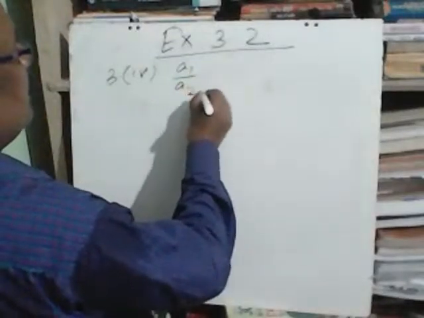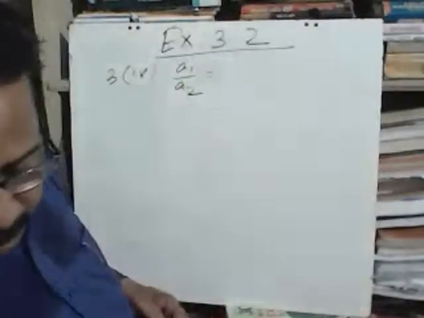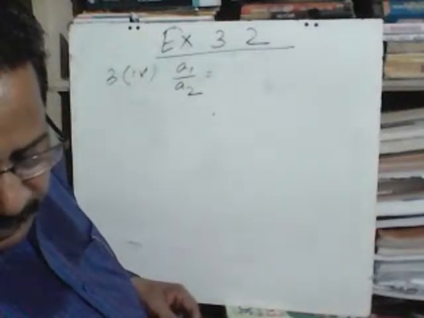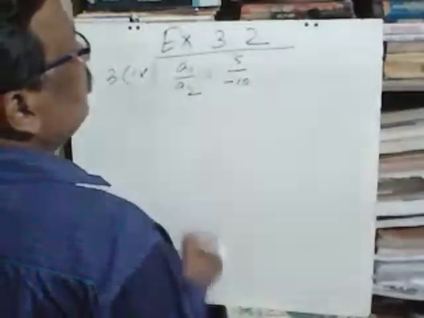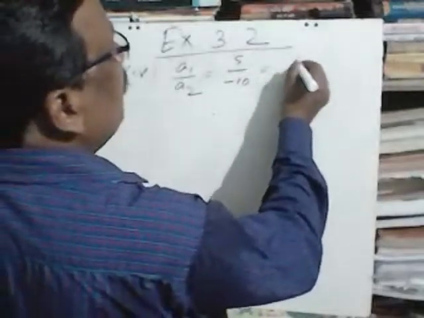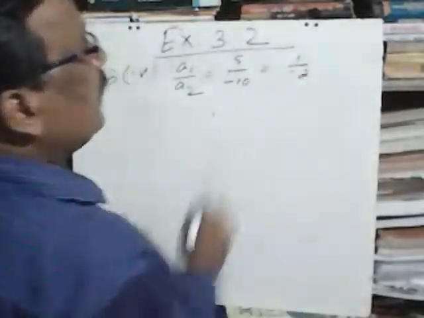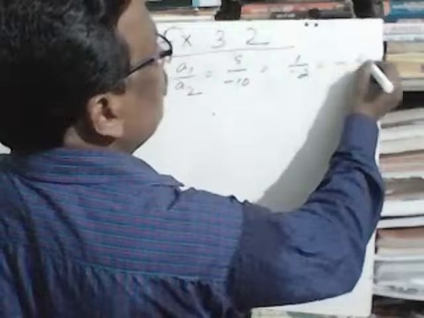A1 by A2 is coming 5 by minus 10. If you simplify, it is coming 1 by minus 2, or you may write it as minus 1 by 2.